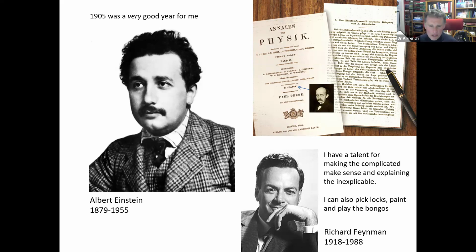This one really is one of the key papers that kick-started the modern physics revolution, to which we'd add quantum mechanics, and eventually general relativity as well, but that wasn't for about another 10 years. I'd also like to credit this chap, one of the most popular physicists, Richard Feynman, who won the Nobel Prize for quantum electrodynamics, and his amazing Feynman diagrams.